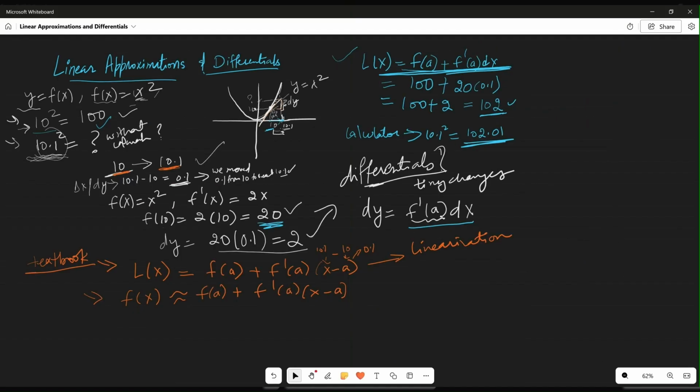So this is still not wrong, because we have noticed that dy is simply this part of the equation, right? And dx is calculated from x minus a.